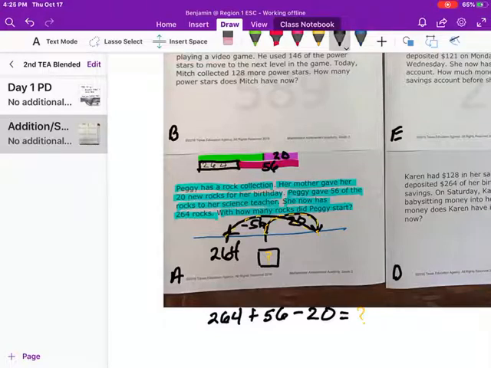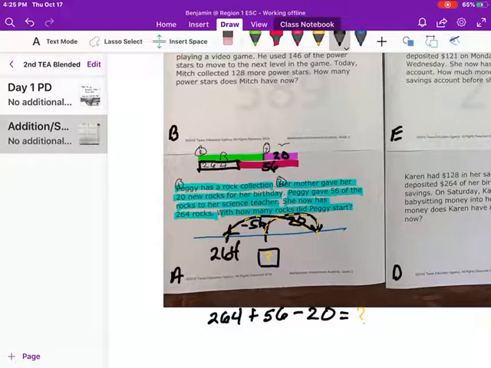So this is a bar using bar diagrams. The green part is my rock collection, and I know Peggy got 20 more here. My first sentence is this first part here. My second sentence is this part here.